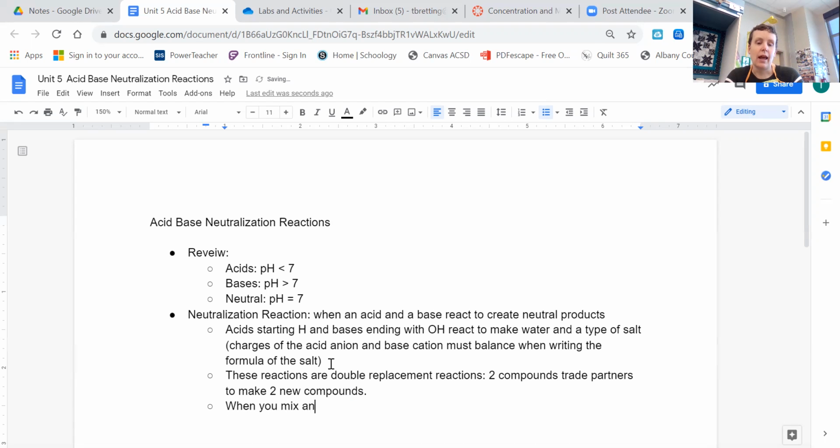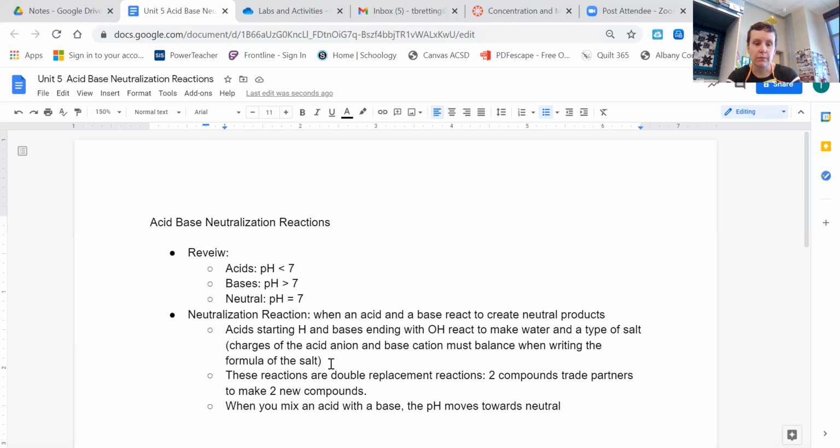When you mix an acid with a base, the pH moves towards neutral. Okay, we've already talked about that. You've got opposite ends of the pH spectrum. When you mix them together, we're going to get closer to neutral.